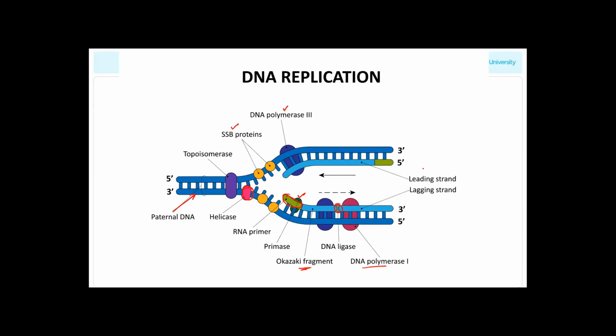There are two newly formed strands, the leading and lagging strands. The leading strand is formed in the 5' to 3' direction in a continuous way, whereas the lagging strand is formed discontinuously, as Okazaki fragments, and they are joined by the DNA ligase enzyme. And we know that DNA replication starts with an RNA primer, which is synthesized by the primase enzyme.